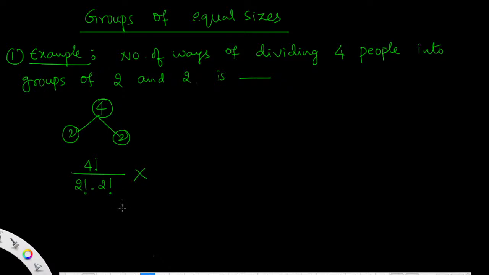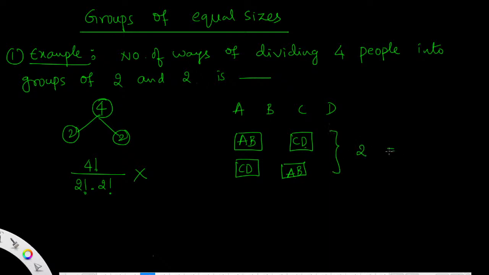But it is not correct, because the groups are of the same size. Let A, B, C, D be the people. One group is AB and another group is CD. Or else, the other way is CD and AB. How many ways are there? 2 ways.